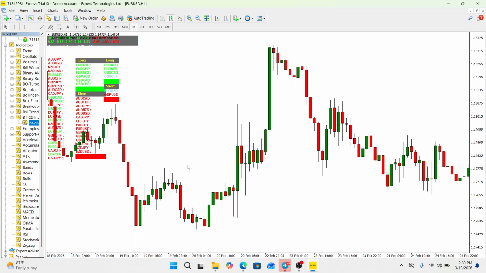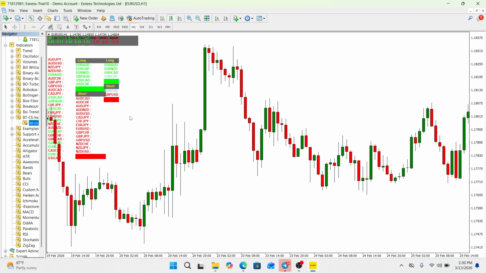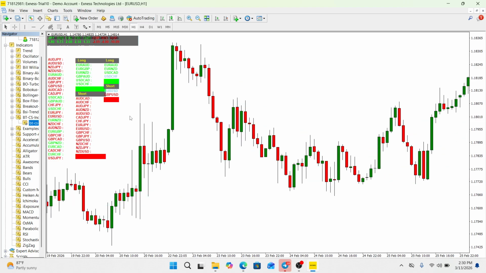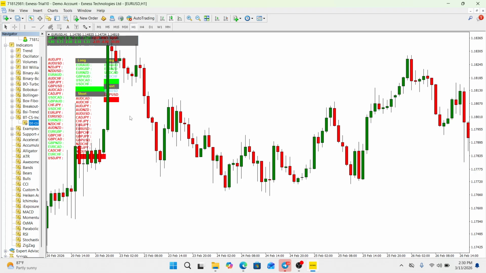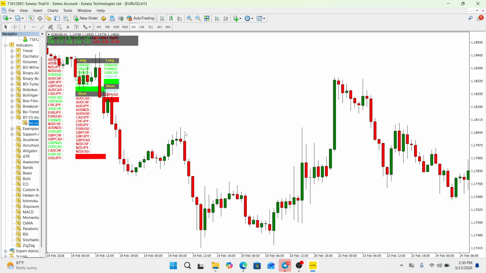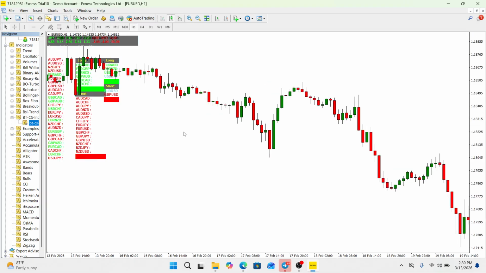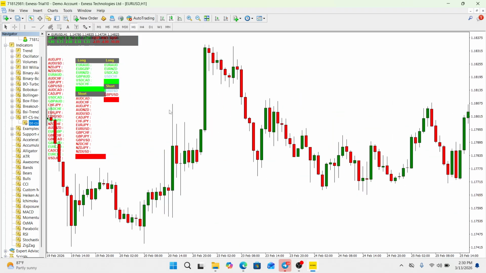Each currency or pair is assigned a numeric value or plotted line, where higher readings indicate stronger performance and lower readings indicate weakness, allowing you to quickly identify strong versus weak combinations for potential trading opportunities. You usually see multiple currencies displayed together, so you can visually compare which ones are gaining or losing momentum across the market in real time.